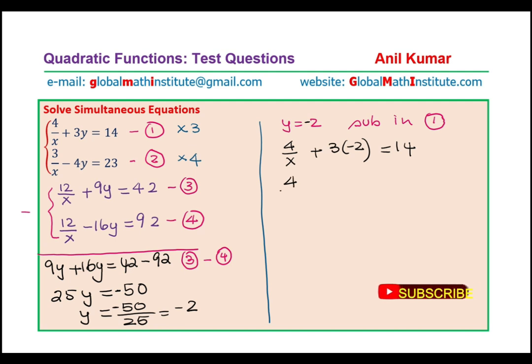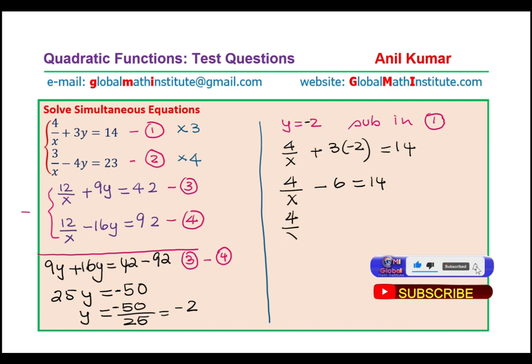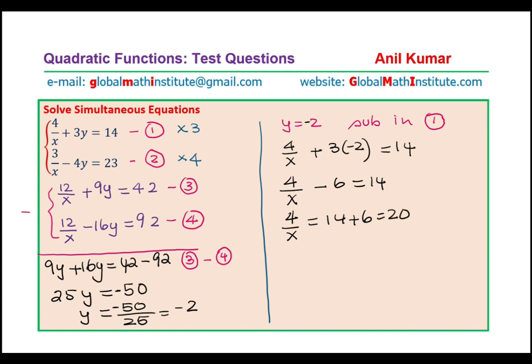So we have 4 over x minus 6 equals 14. 4 over x equals 14 plus 6, which is 20. Right. So 4 over x is 20. Cross multiply. So we get 4 over 20 equals x, which is 1 over 5. Right. So we get our solution. The y value is minus 2 and x value is 1 over 5.